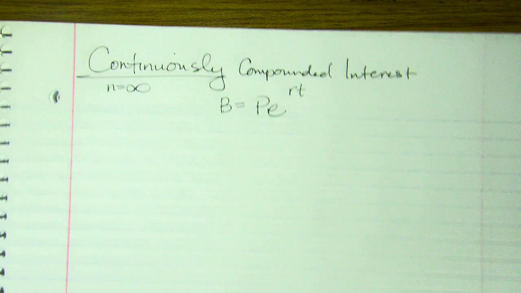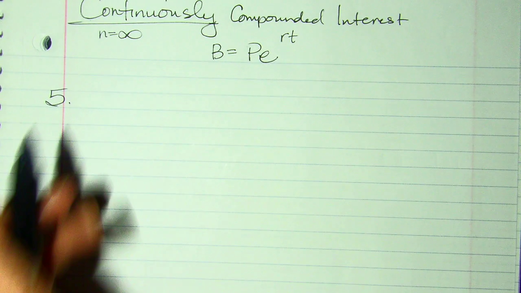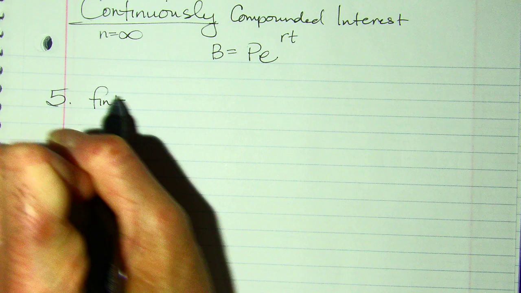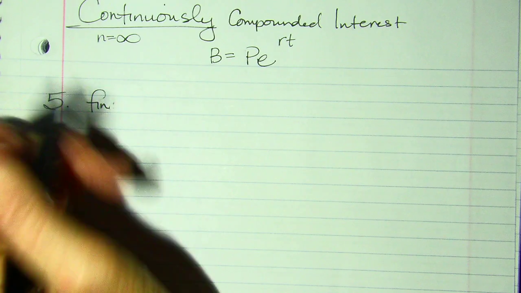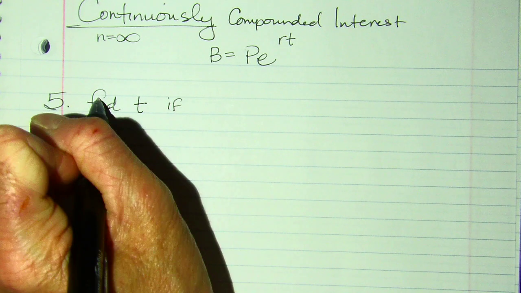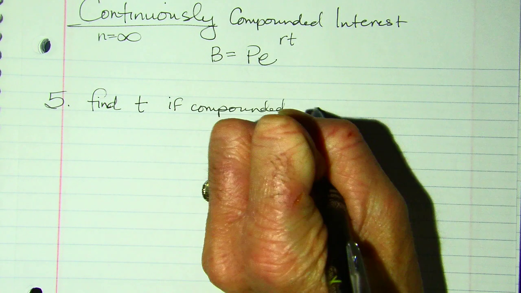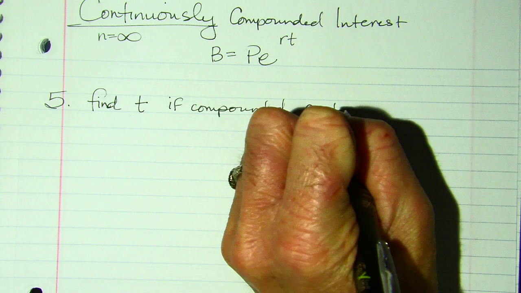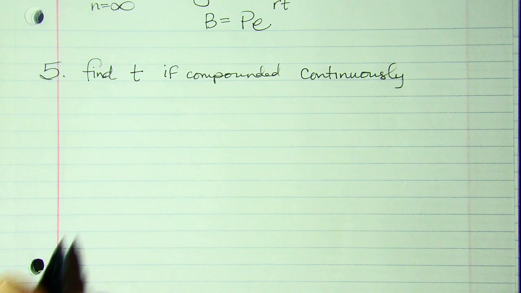So we're going to complete, I'm looking at what example we're on. We're going to complete the following table. It looks just like the one in your homework. So find t if compounded continuously. So I copied this table from your homework.